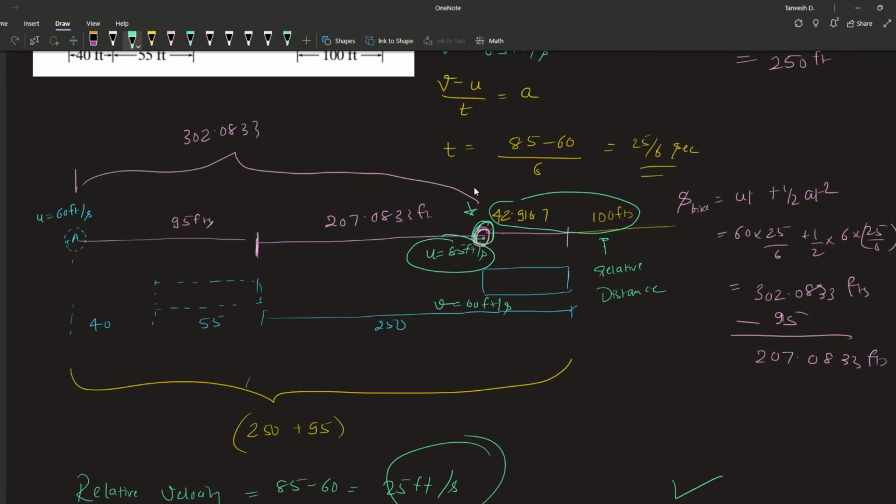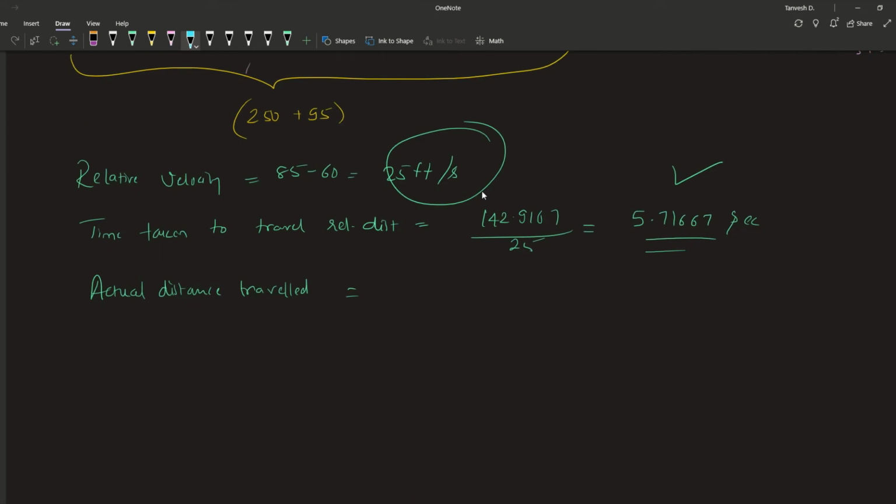Let me name these points. So let us say that this is your point P, this is point Q, and finally when it reaches here, this is point R. So actual distance travelled between Q and R is equal to 85 into 5.71667, which is 485.9167 feet.